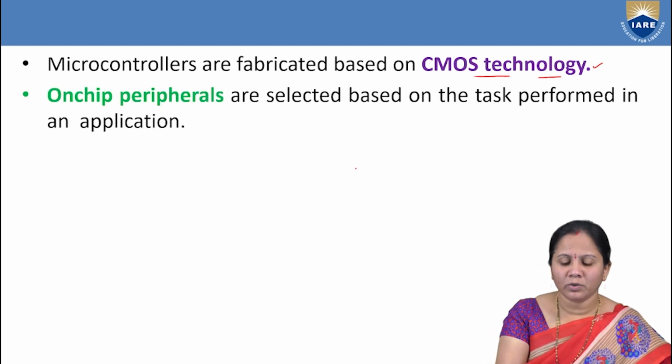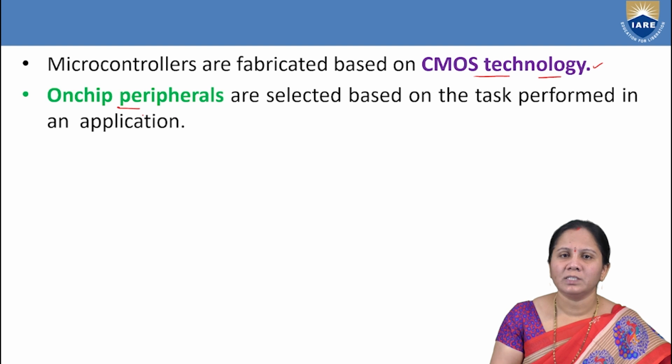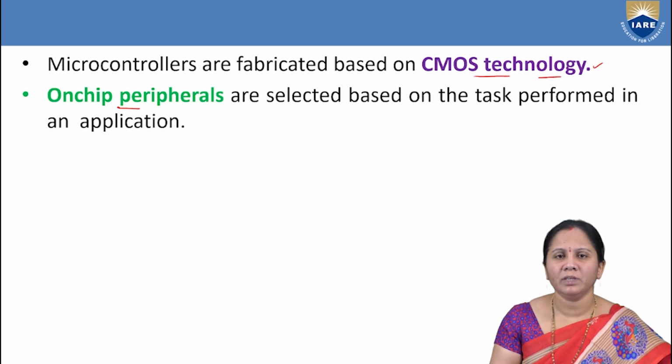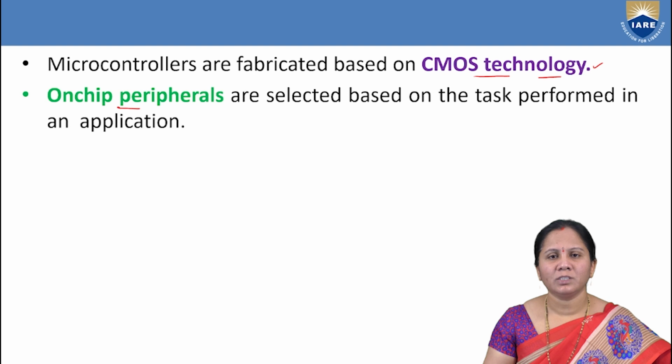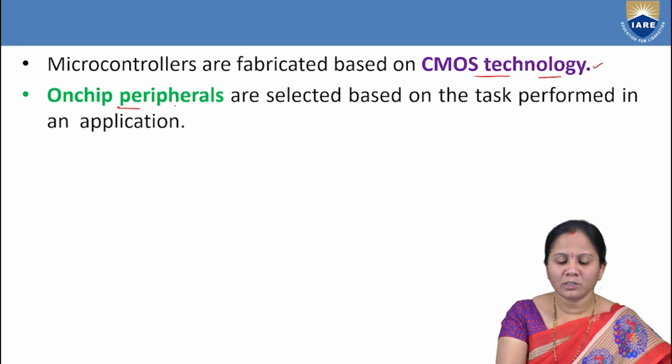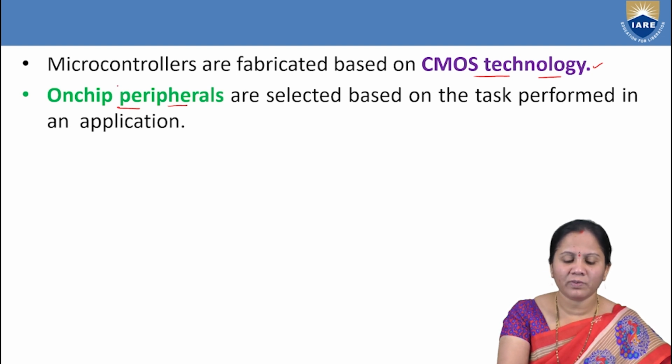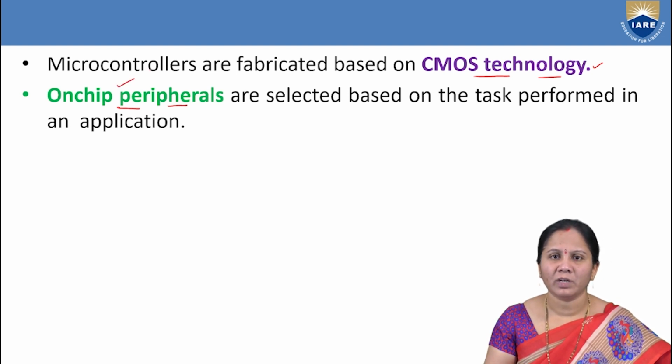Now, on-chip peripherals. The microcontroller has different on-chip peripherals like the processor and memory. It also consists of serial ports, timers and counters. All these are called peripherals, and they are embedded in the microcontroller.